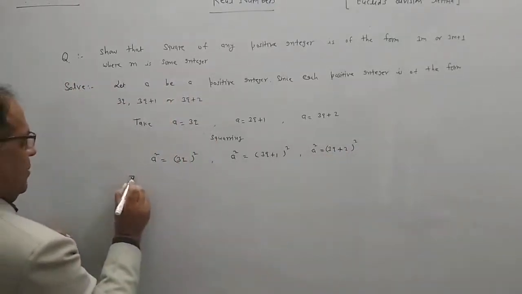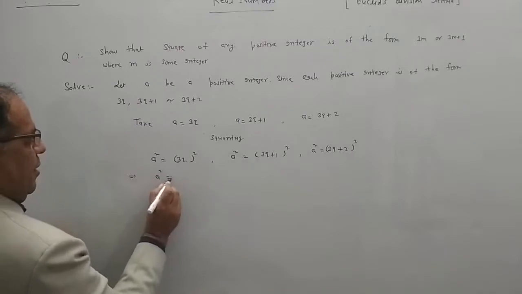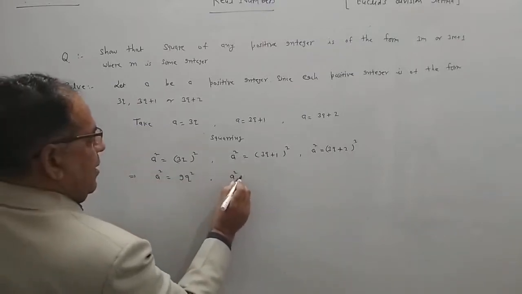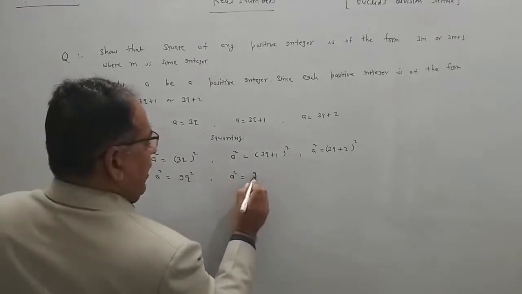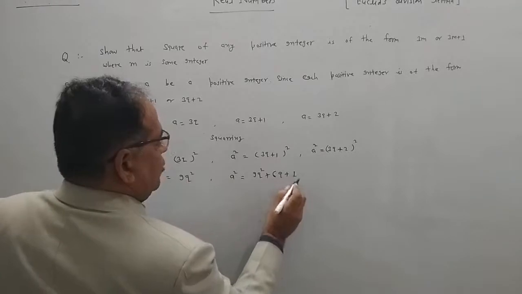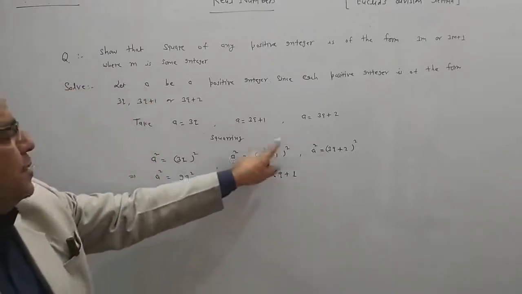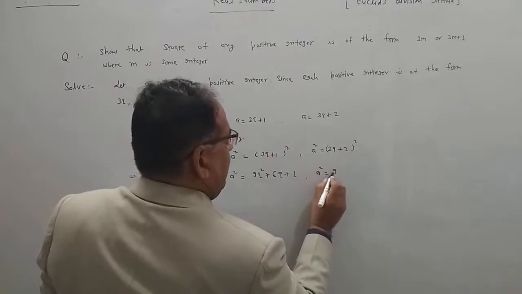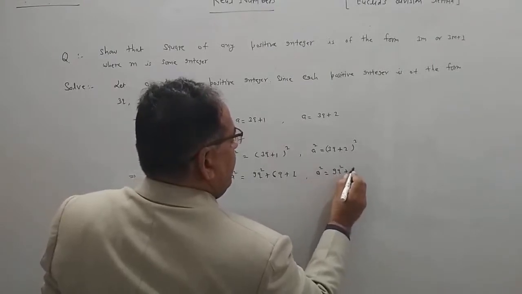This can be expanded. A square equal to 9q square, a square equal to 9q square plus 6q plus 1, using the identity a plus b whole square.